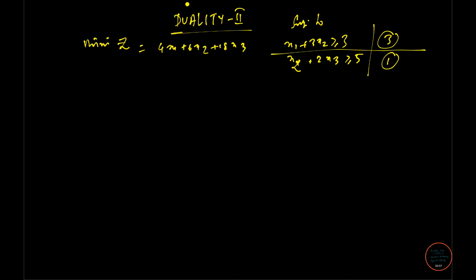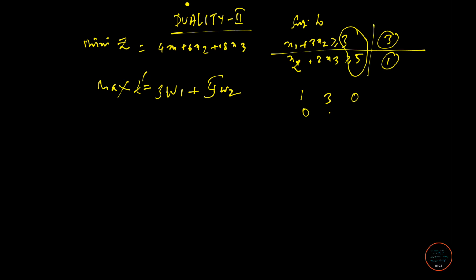So here the maximization will be, so how many equations here? 2 equations. So on the basis of that, there will be only 2 variables: z star equal to 3w1 plus 5w2. With respect to that, the other part is, see, this is 1 3 0 and 0 1 2, that's the matrix. If we take the transpose, it will become 1 0, 3 1, 0 2.